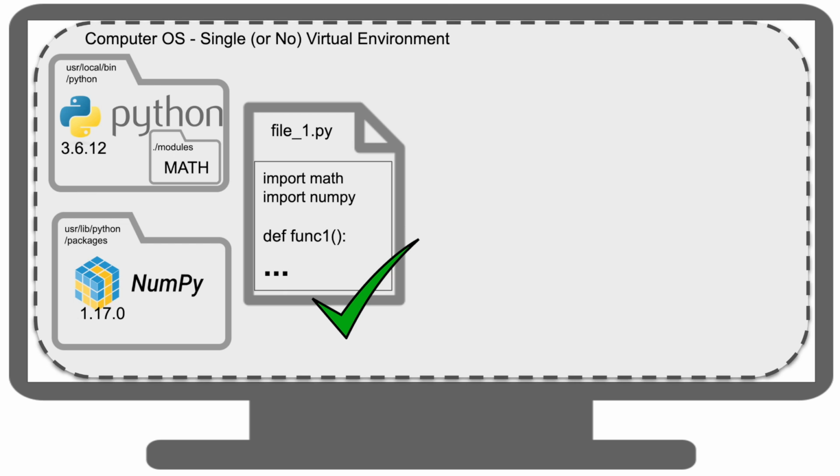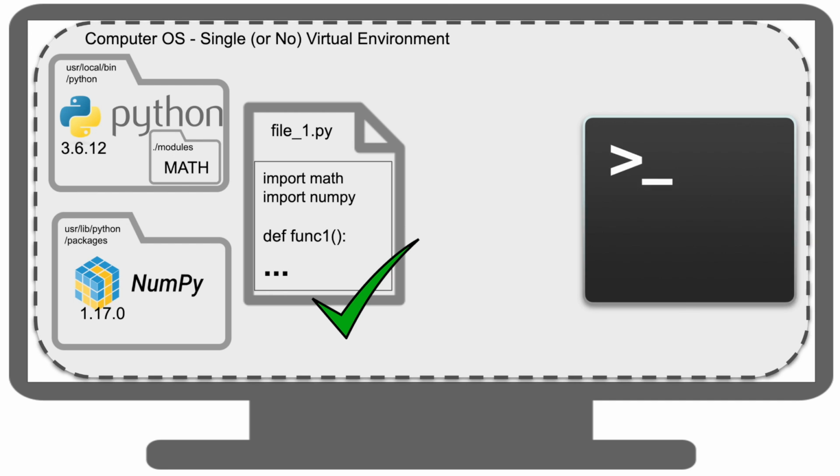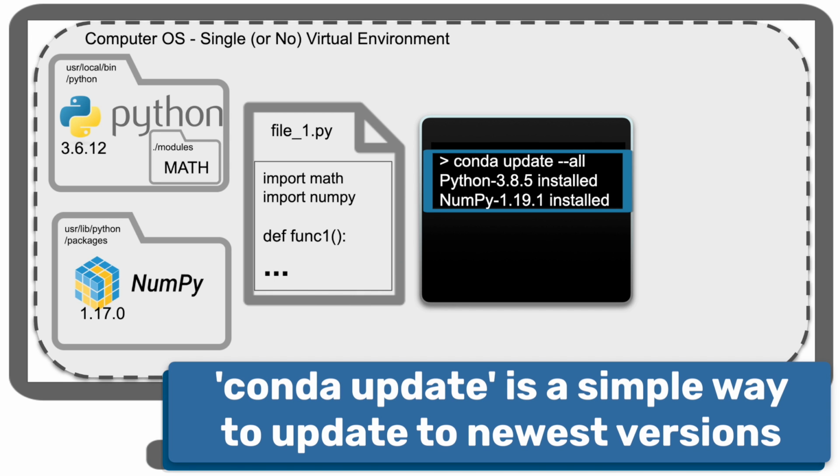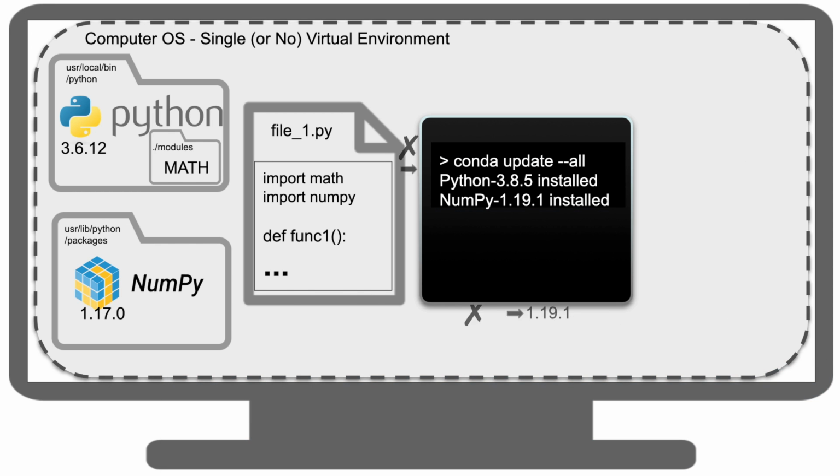Okay, now it's a few years later, and we pop open our terminal and we hear that Python is updated, and we need to write a new script that we want to do new stuff with. So popping open our terminal, we decide we're going to update Python to the newest version while also updating NumPy as well. And this is going to update our versions within our local folders.